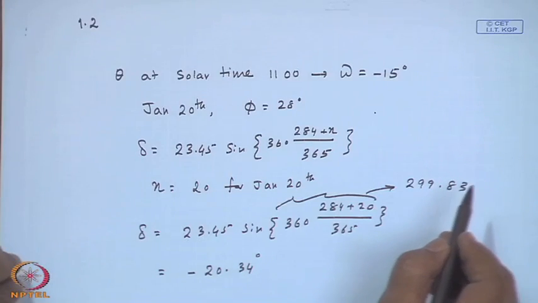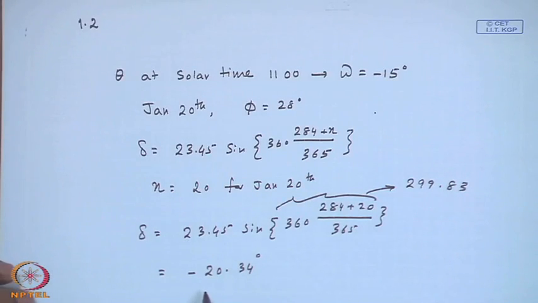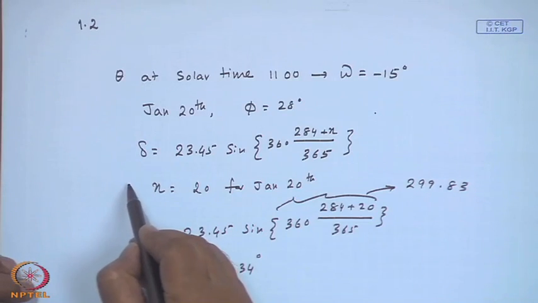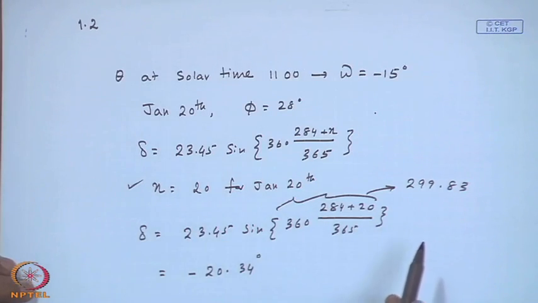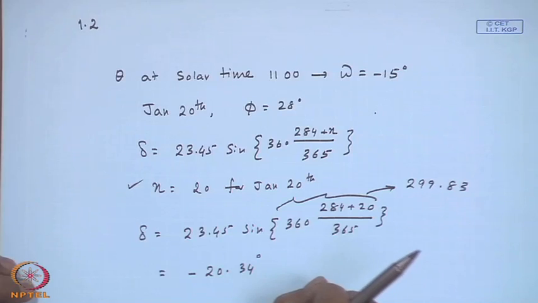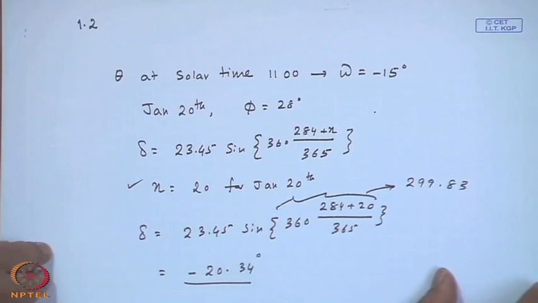You can check, and the answer turns out to be minus 20.34 degrees. Intuitively it is correct, because it is January, n is equal to 20, it is a sort of winter, and declination should be negative, and I got the negative answer, minus 20.34 degrees.